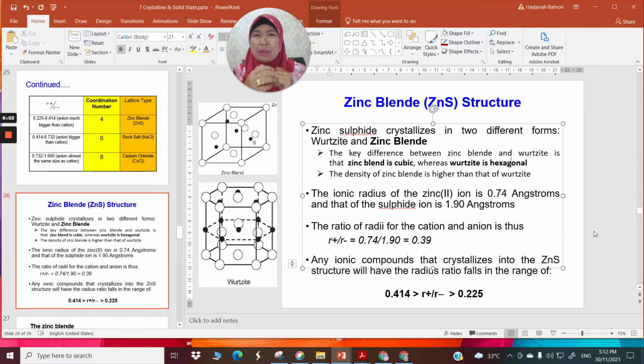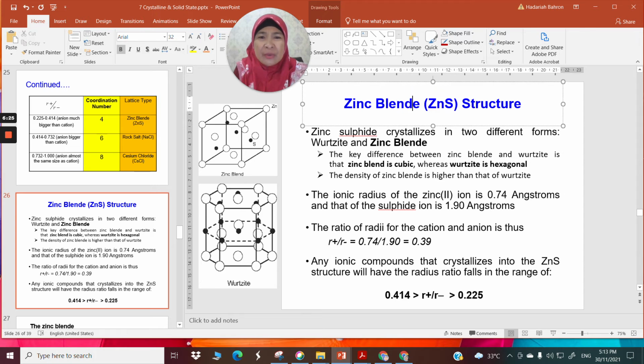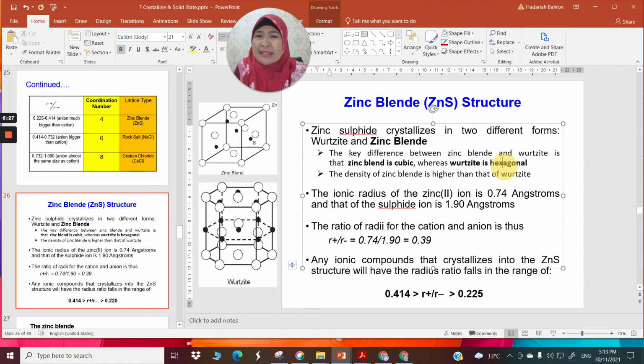Remember, when we talked about metal crystals, when you have AB stacking you get cubic, and ABC you get hexagonal. That is exactly what is happening with these ionic compounds.